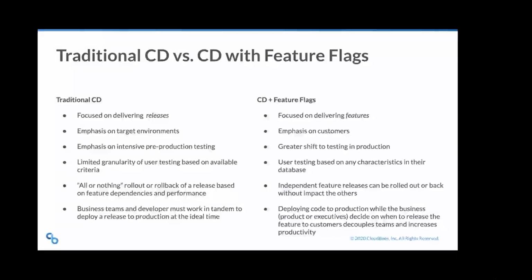So, generally, continuous delivery is focused on the tactical delivery of actual bits and focusing on features as more of a next level maturity within an organization. So just to call out this dichotomy, with traditional CD, you're focusing on release delivery, whereas when you have CD with feature flags, you can talk more about a more granular style of delivering features, which we'll discuss in the slides coming.